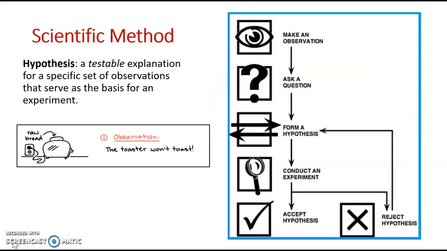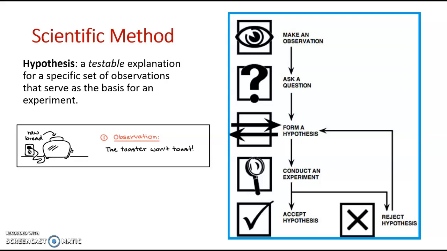The scientific method always begins with making an observation. We generally skip that step when we're thinking about it, and we go straight to forming a hypothesis.